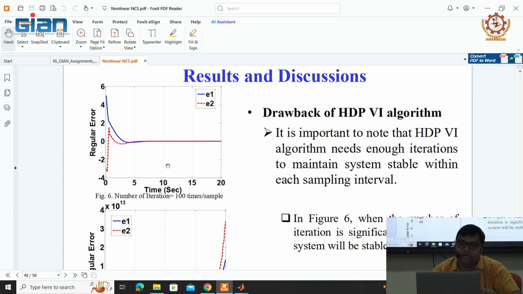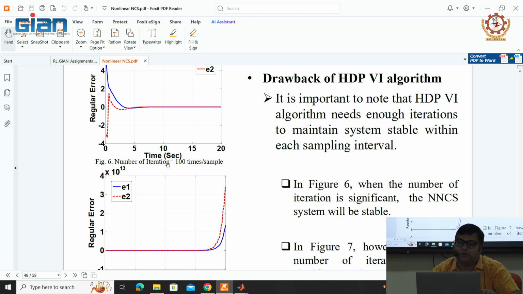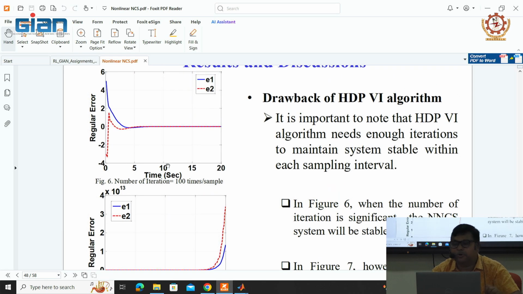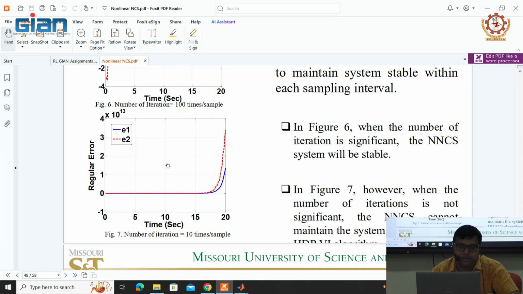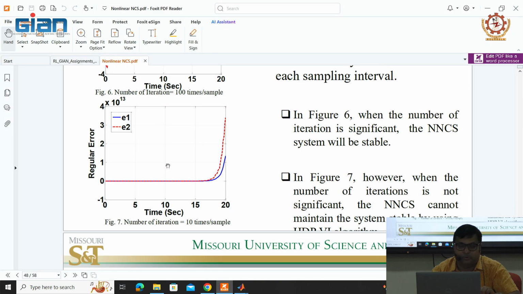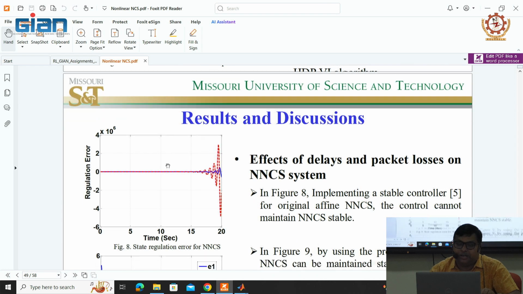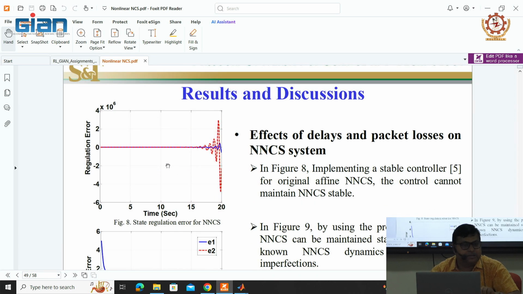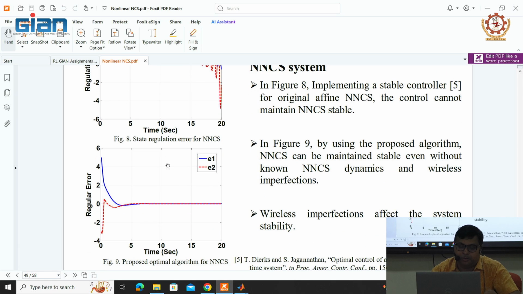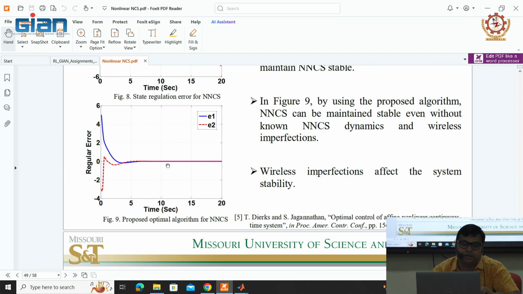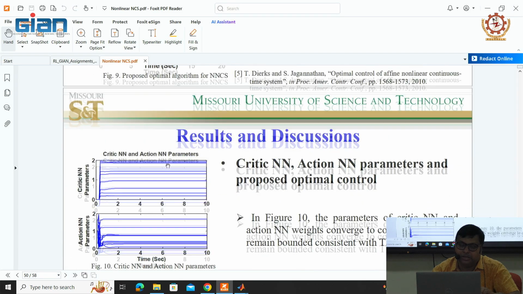So you see it has been shown what the drawback of heuristic dynamic programming, that is the value iteration algorithm, is. If you do not take enough iterations, then it may diverge. Then the effects of delay and packet losses are shown, where the error may diverge, but in the case of the proposed controller, you will find that the regulation error converges.